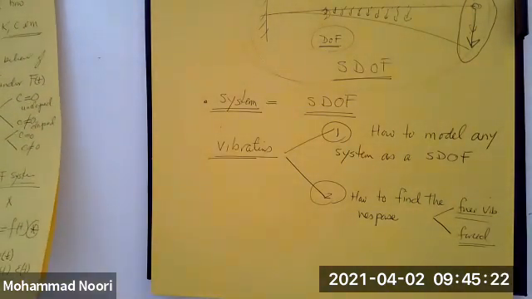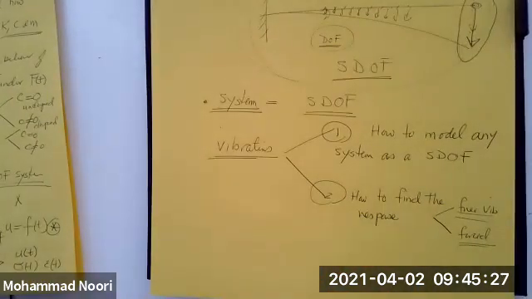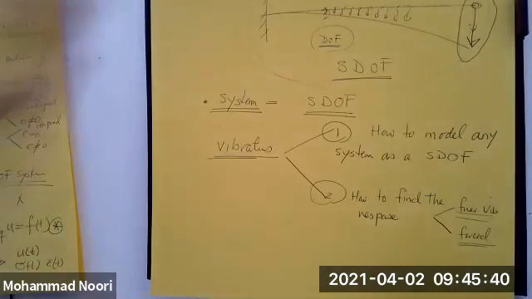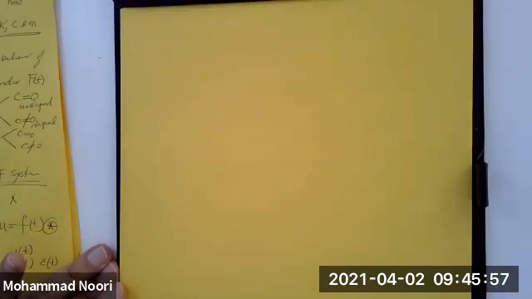So with that introduction, let me summarize what we have done and move forward. We said that mechanical vibration is the study of a system that consists of three components: mass, deformation capability, and energy dissipation capability, under the action of a load.